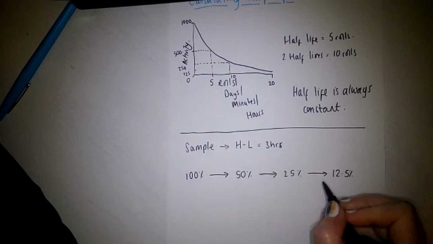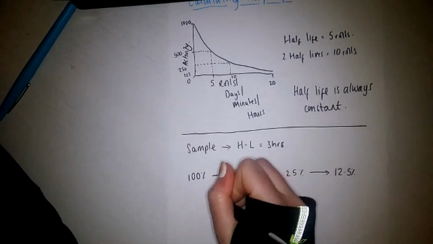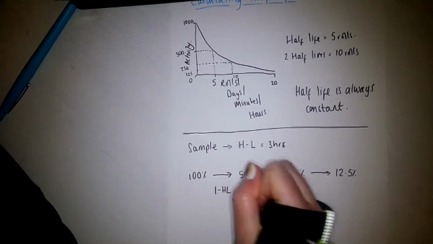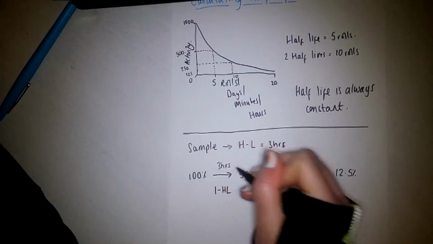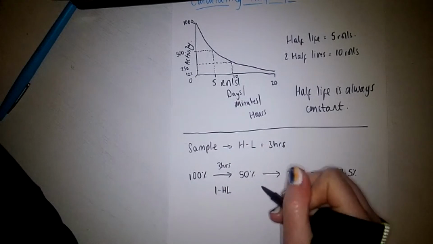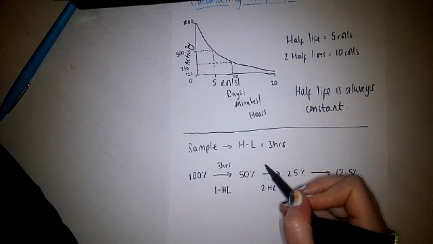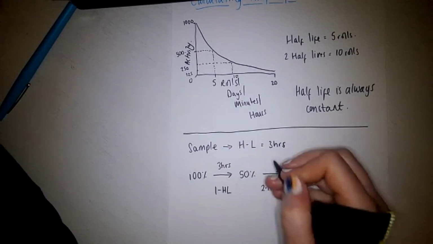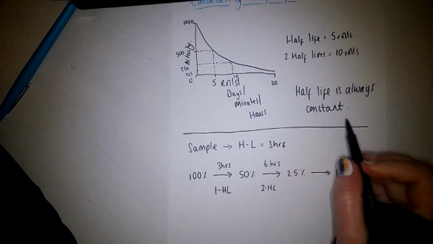Now what I need to do is fill in these gaps. This first jump here was 1 half-life, and 1 half-life was 3 hours. This jump here is 2 half-lives. If we've gone up another 3 hours, then 3 and 3, we've now got 6 hours, because like I said, it's constant.